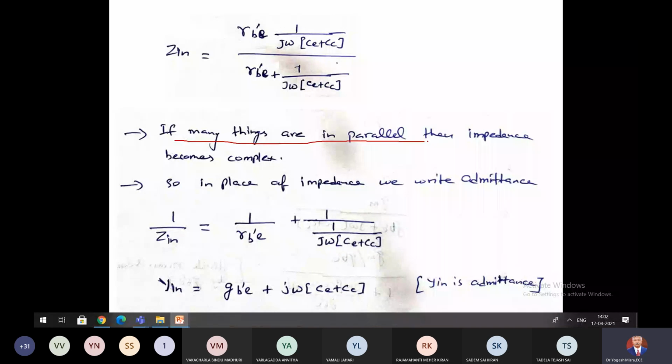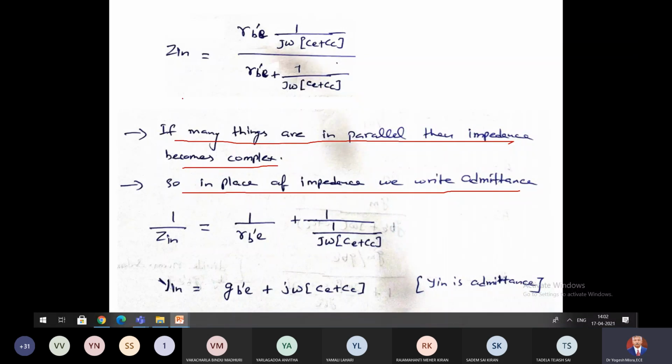Now if many things are in parallel, then impedance becomes complex. So in place of impedance, we write admittance. So in terms of admittance, it is 1 by Zin. You simply write this expression as 1 by Zin. You will get one term as 1 by RB'E, and the second term is jω(CE+CC).